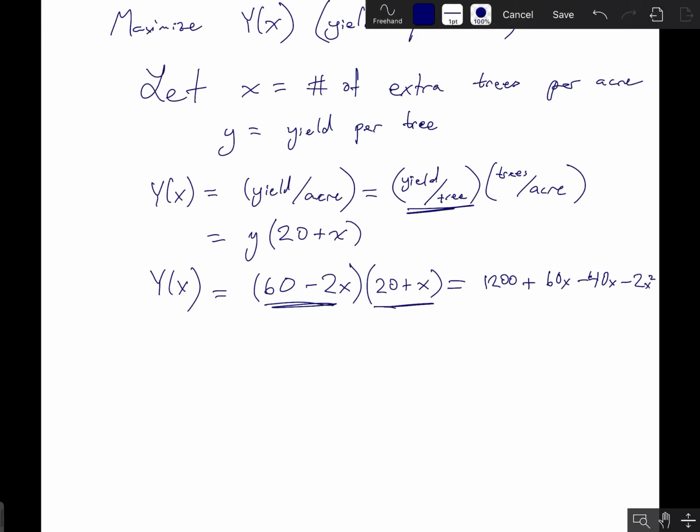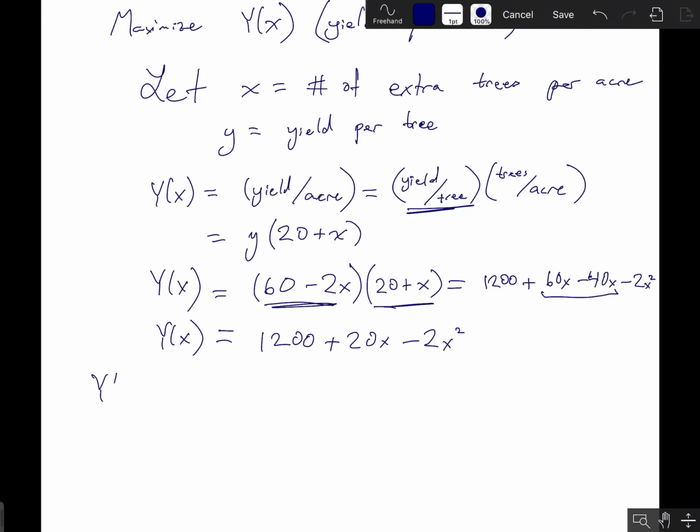The product of the inner terms is a negative 40x. And the product of the last terms is a negative 2x squared. We can combine the 2 inner terms because those are like terms. So this comes out to 1200 plus 20x minus 2x squared. So this is the yield per acre, and this is what we're trying to maximize.